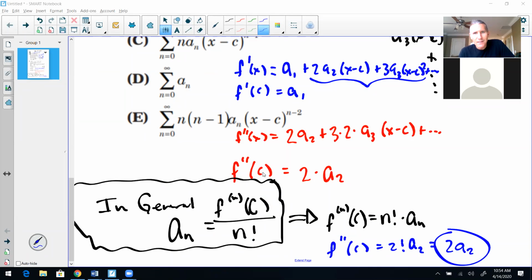So when you plug in C for X, all of the other terms other than the constant terms are going to cancel. But the constant term is still there. That's why f prime of c is not 0, it's a sub 1. And why the f double prime of c is 2a sub 2. And in general, why the nth derivative of f evaluated at c is n factorial times a sub n.